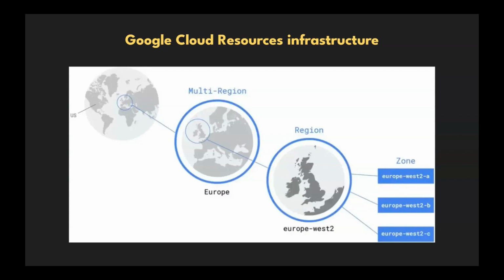Zones have high bandwidth, low latency network connections to other zones in the same region. As you can see, the region consists of multiple zones: Europe West 2A, 2B, 2C. Now, what's the point of having so many regions and zones? Say you're thinking of hosting a site, like a clothing store in Europe. You'll definitely want the latency to be low and bandwidth to be high.